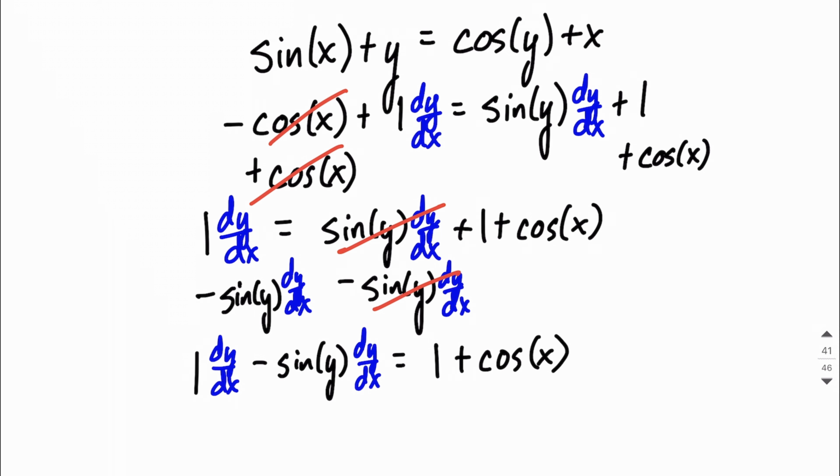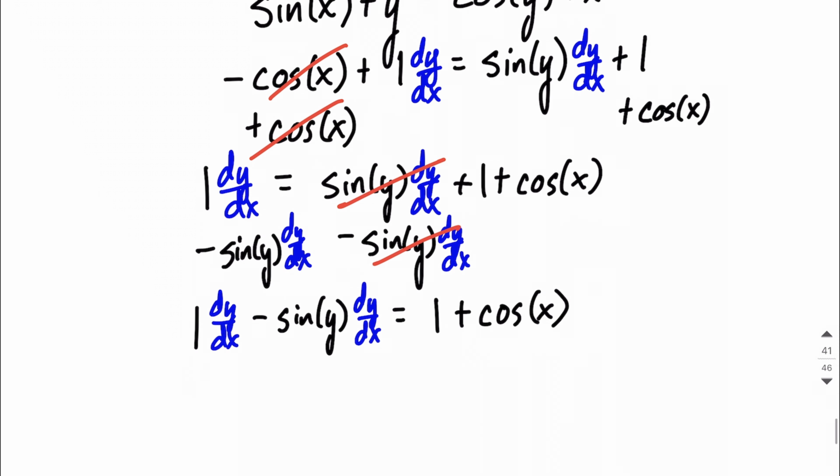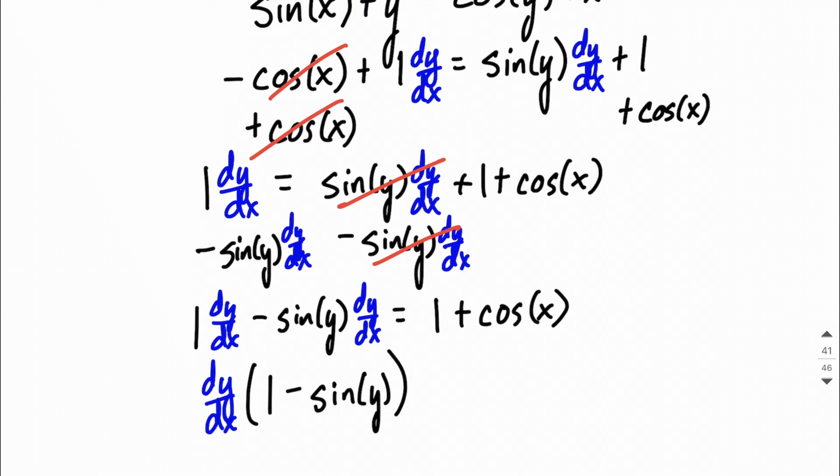All right, we're almost there. What still remains is that both those terms on the left-hand side have a dy dx. So I'm going to factor out that common factor. That's going to leave us with 1 minus sine of y inside a big set of parentheses equal to 1 plus cosine of x.